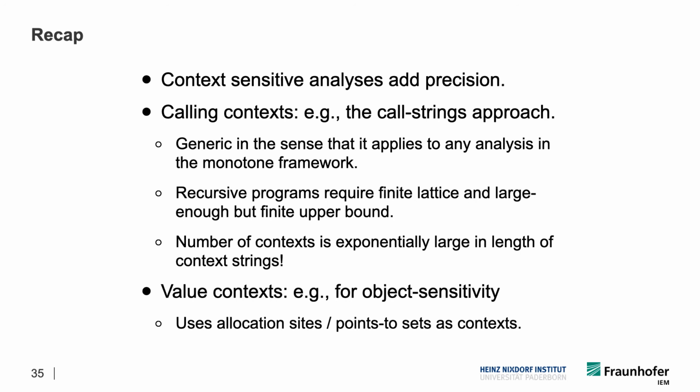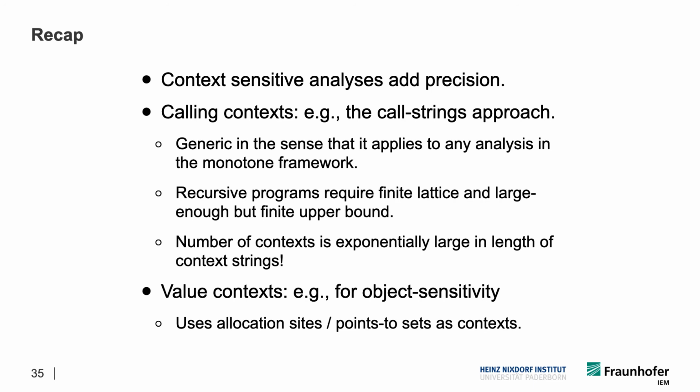So just to briefly recap, I showed you that context-sensitive analyses can add precision over context-insensitive analysis, and we talked about calling contexts, in particular the call strings approach. What I said is it's nice and that it generically applies to any analysis in the monotone framework, but it has problems with recursion.